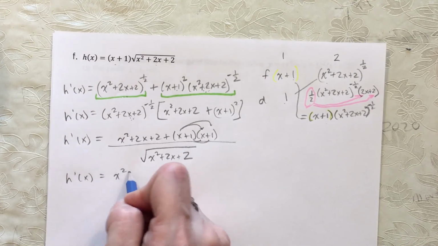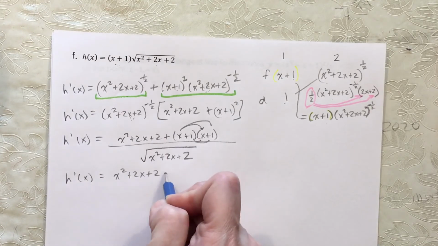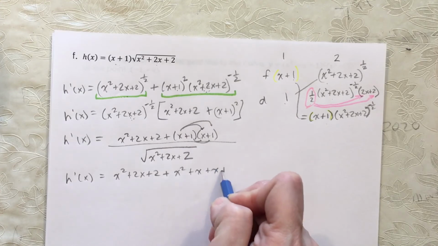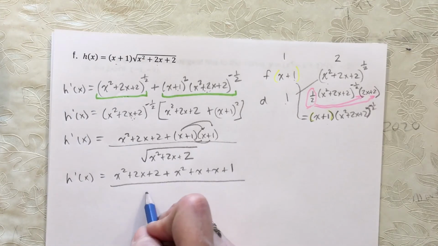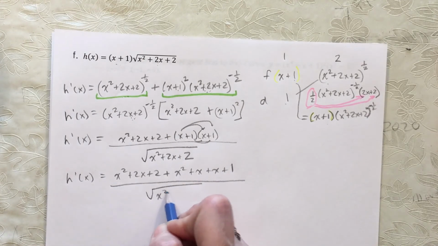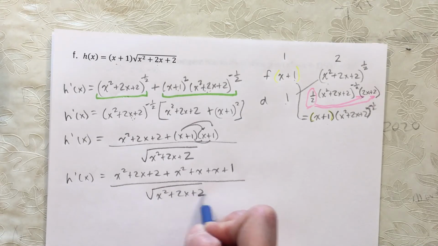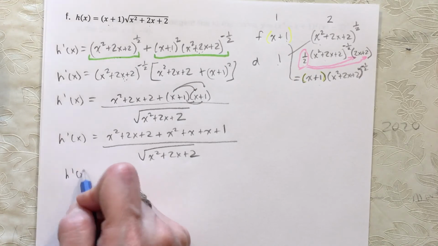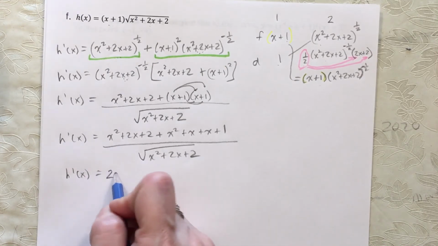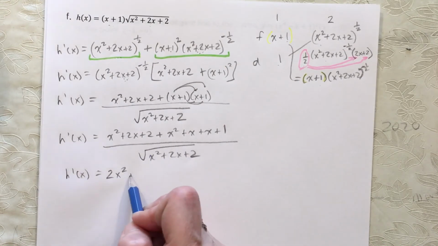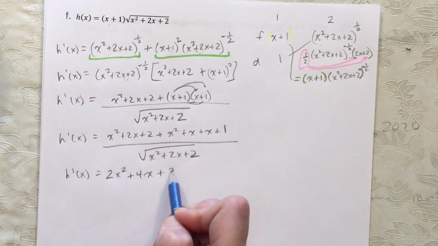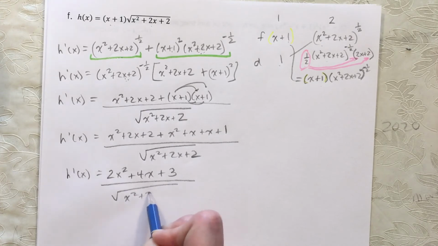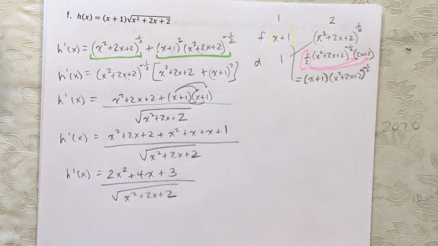So x squared plus 2x plus 2 plus x squared plus x plus 1 over the square root of x squared plus 2x plus 2. Collect in the numerator. So we have 2x squared plus 4x plus 3 over the square root of x squared plus 2x plus 2.